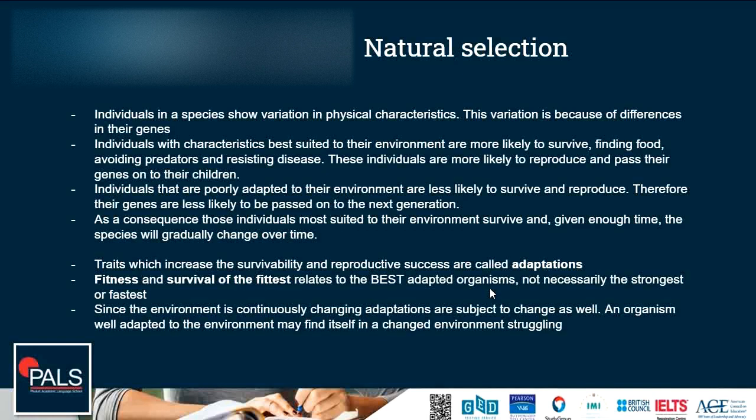Because the environment is continuously changing, adaptations are subject to change as well. An organism well adapted to its environment may find itself struggling in a changed environment, and other organisms will have a higher chance of survival and reproduction instead.